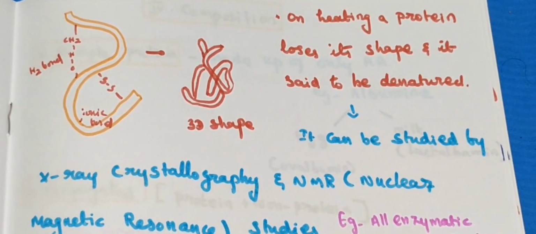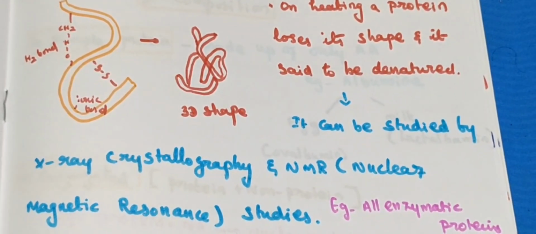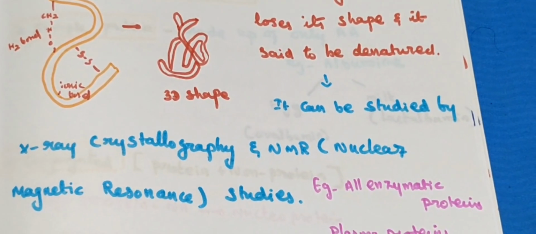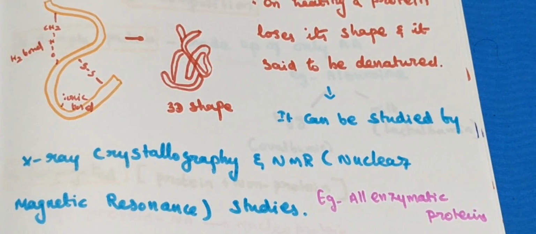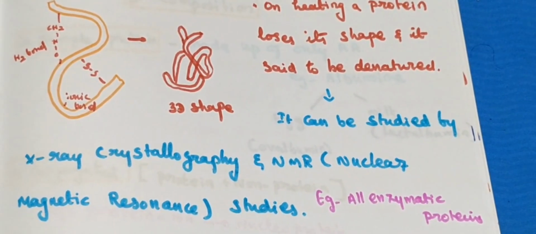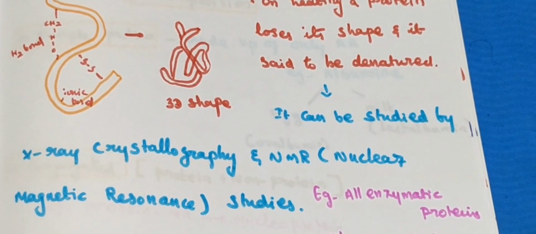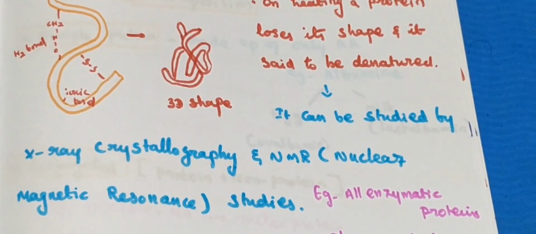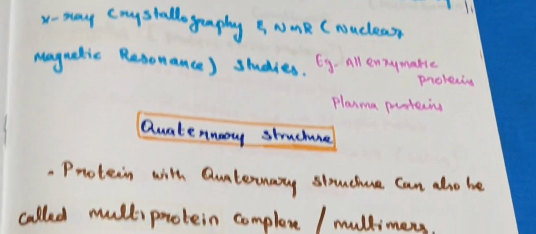On heating, a protein loses its shape and is said to be denatured. It can be studied by X-ray crystallography or NMR, nuclear magnetic resonance studies. All enzymes are proteins, and plasma proteins all come under this category.